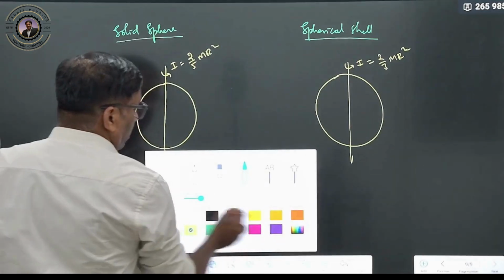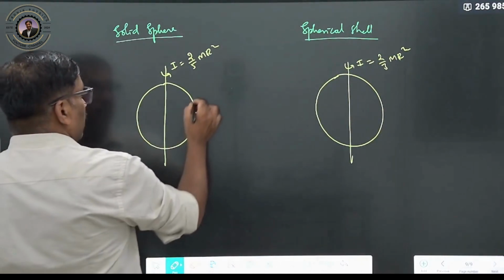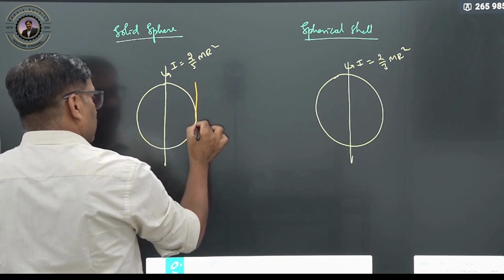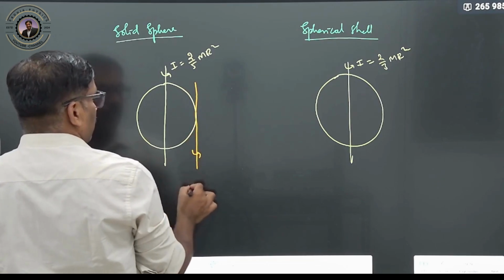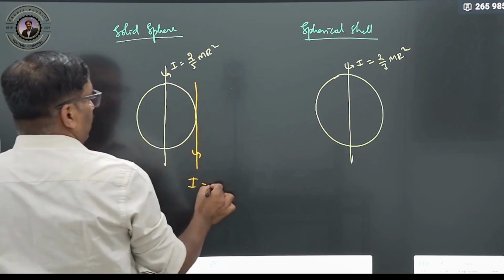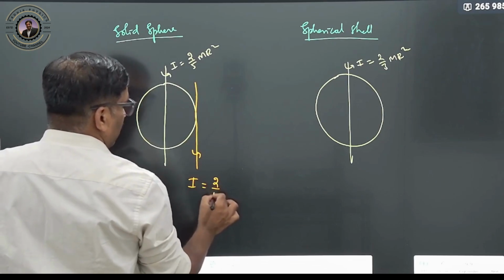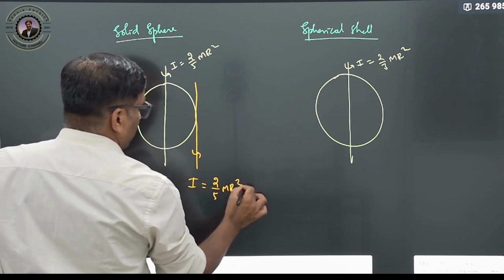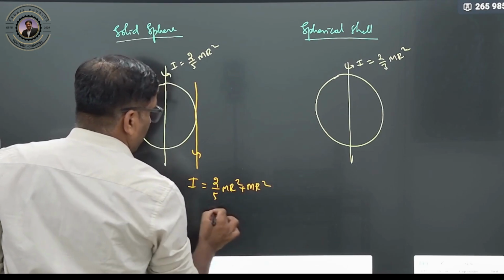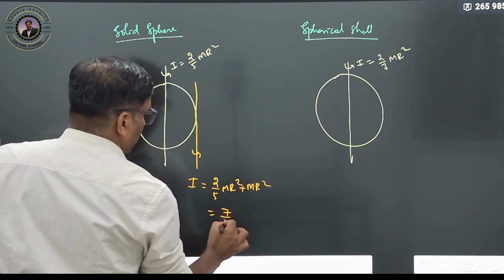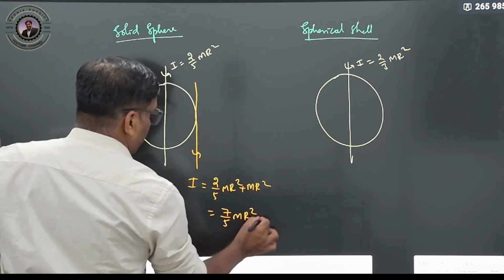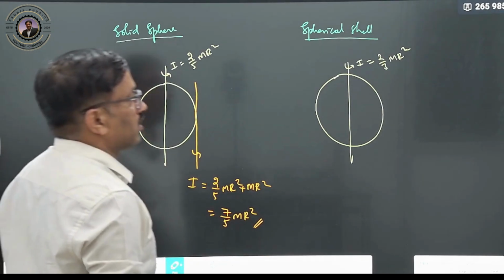Now for the moment of inertia about an axis along the tangent, you can use the parallel axis theorem again. Ig is nothing but 2 by 5 MR square plus MR square. How much will it be? So 7 by 5 MR square will be your moment of inertia here. Clear?